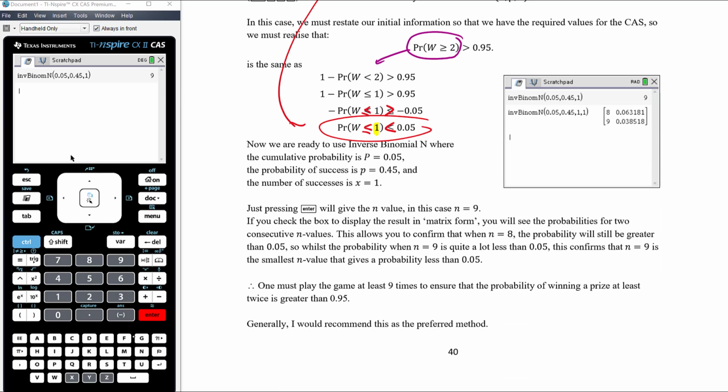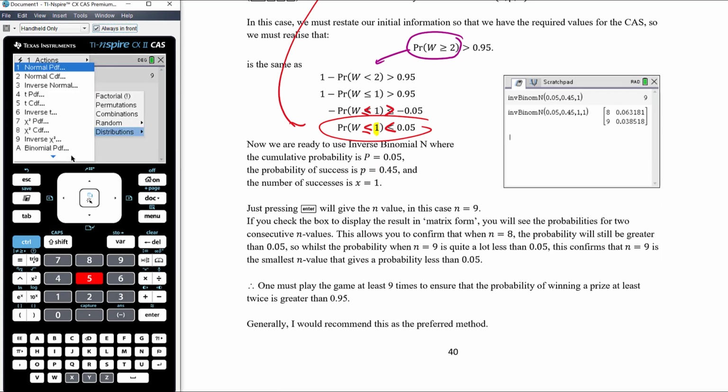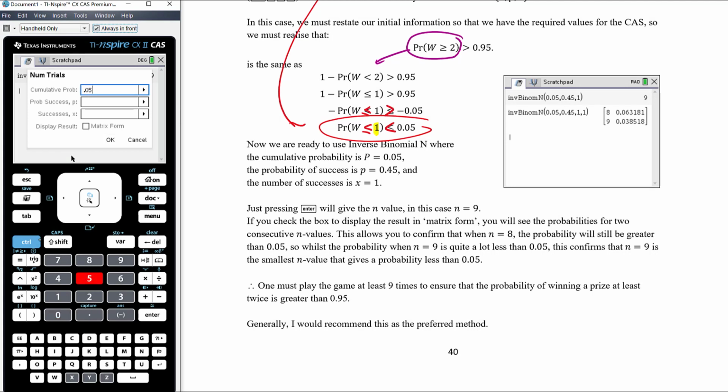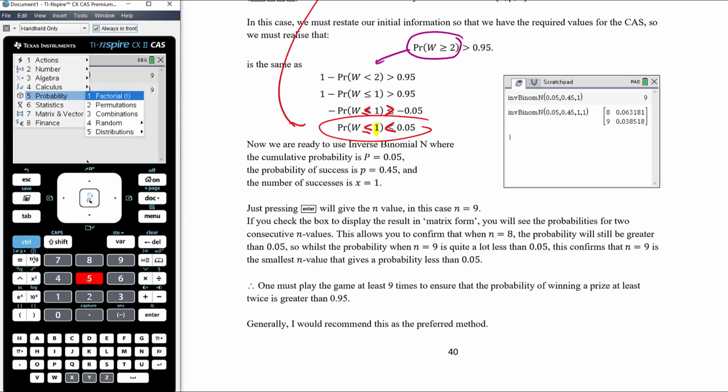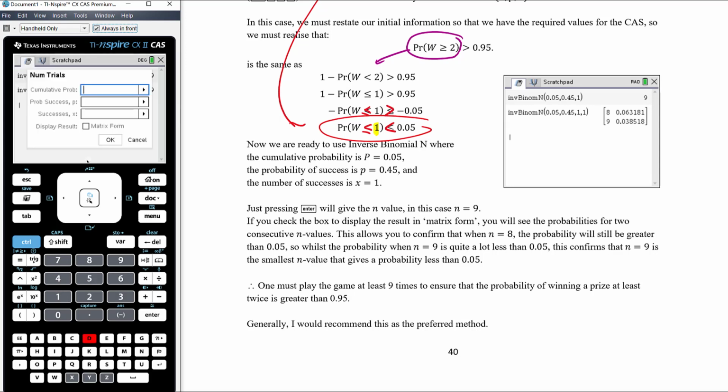If I were to do that again, menu 55D, again 0.05, 0.45 and 1, and tick the matrix, oh sorry, I pressed enter instead of checking the box. 0.05, 0.45 and 1.